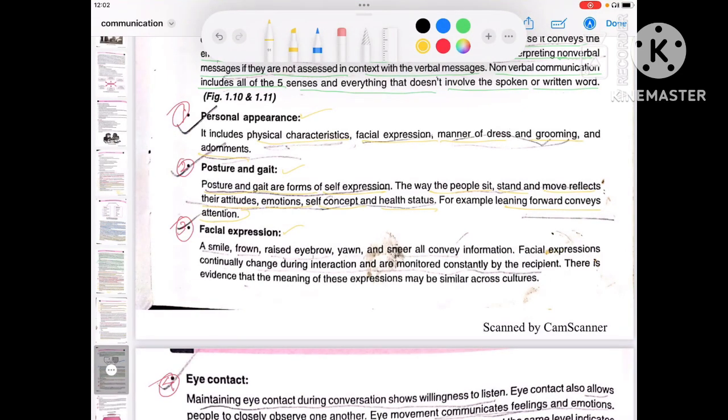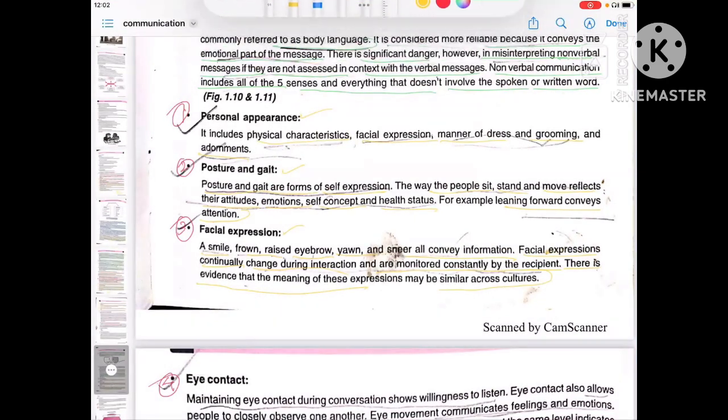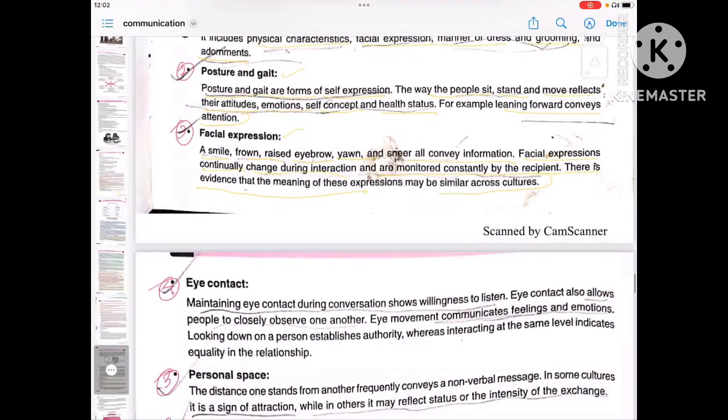A smile, a frown, a raised eyebrow, a yawn, a sneer all convey information. Facial expressions continually change during interactions and are monitored consistently by the recipient. There is evidence that the meaning of these expressions may be similar across cultures. Okay, facial expression here is very important.